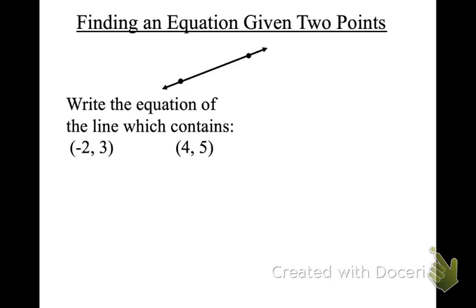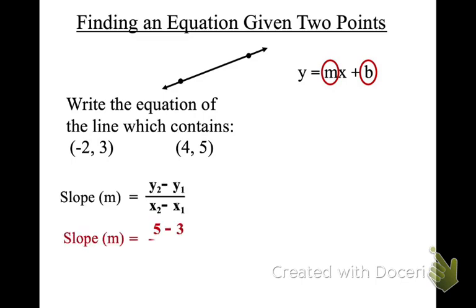So part 2 of this is what happens if we're given 2 points and no slope. What we have the ability to find is the slope. Remember, for point slope, we need a point and a slope.